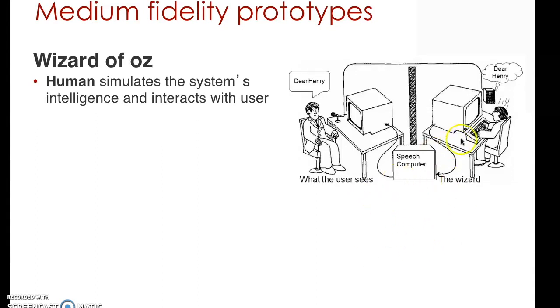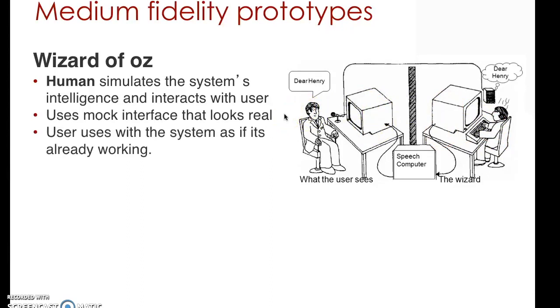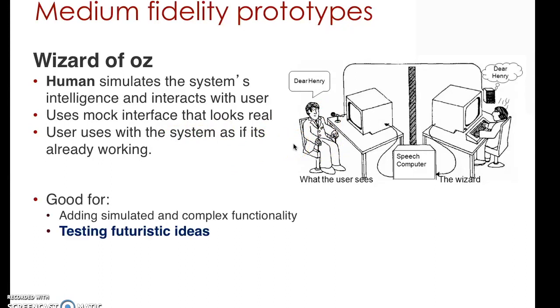He simulates the system intelligence and interacts with the user. Not the system, because the system is not working yet, so he is pretending to be the system and will interact with the user. And the interface or the mockup has to look real, so that the users will believe and interact with the system as if it's already working and functional.